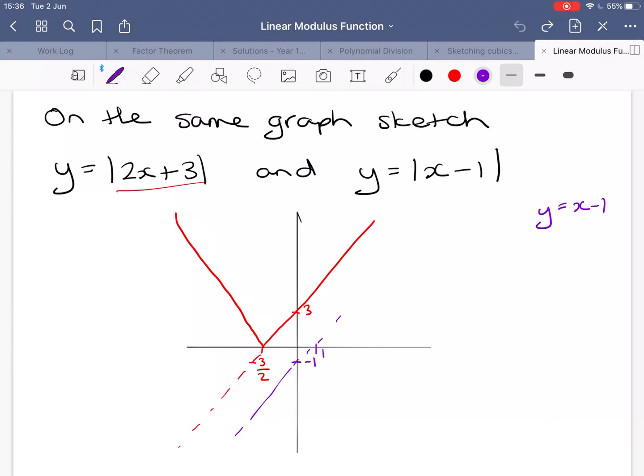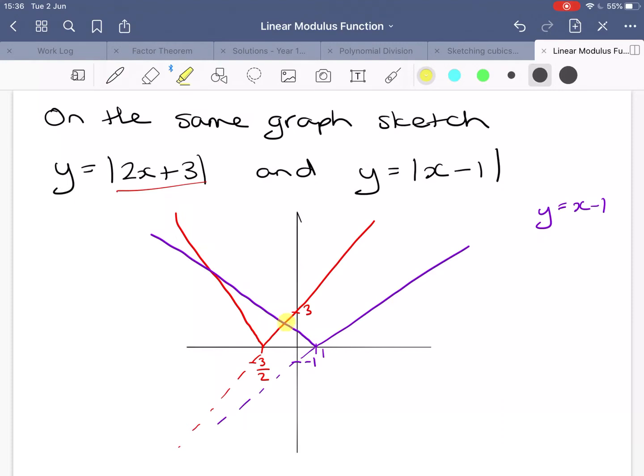Well, actually I've drawn that too steep, because it should be shallower than the previous line that we've done, because the red line has a gradient of 2, the purple line is going to have a gradient of 1, so it needs to be shallower. So it needs to look like this. So how many points of intersection is it going to have? 1, 2, so there are going to be 2 points of intersection.